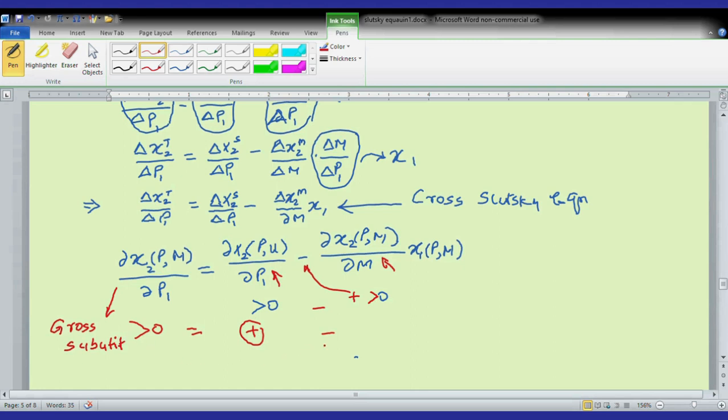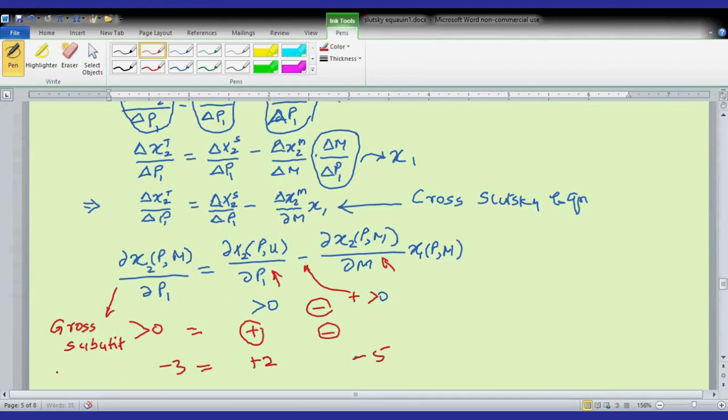Now, if it so happens that the good is still normal, but the income effect dominates, for example, this is equal to minus 5 and this is equal to plus 2, so this will become equal to minus 3, and then we say that when the price of good 1 increases, consumption of good 2 decreases.